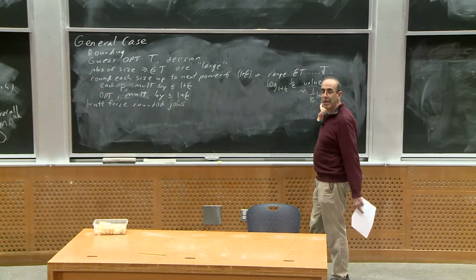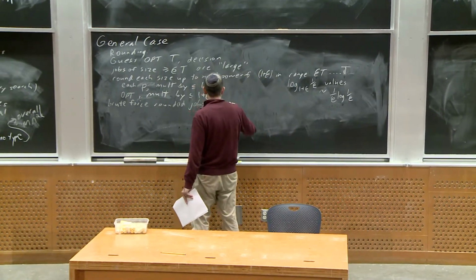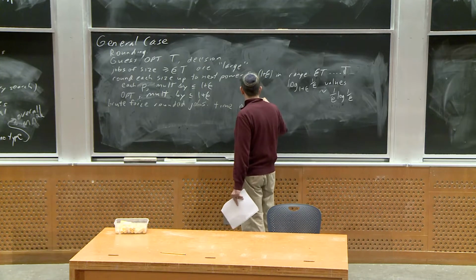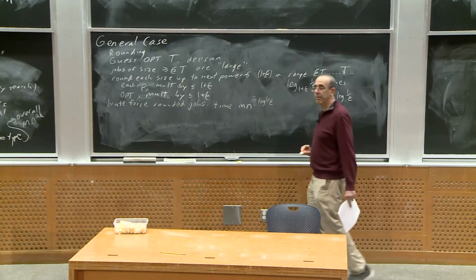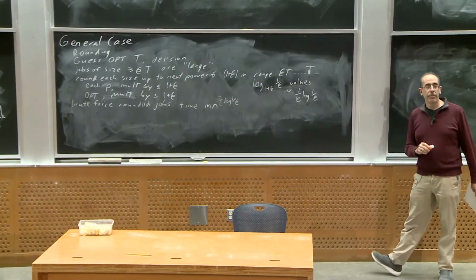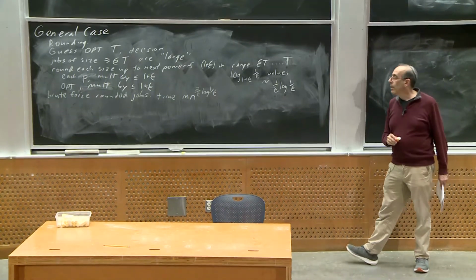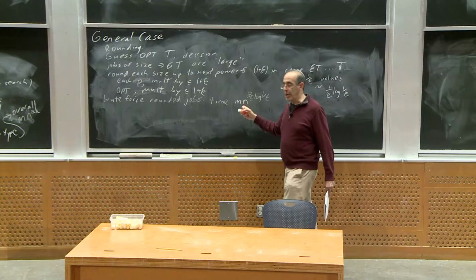We've said that the number of job sizes is 1 over epsilon log 1 over epsilon. So the time is m times n to the 2 over epsilon log 1 over epsilon. Yes? And we get an optimum for the rounded jobs.